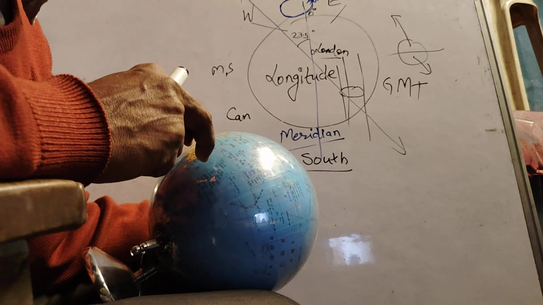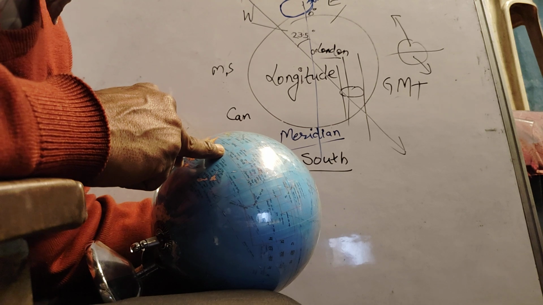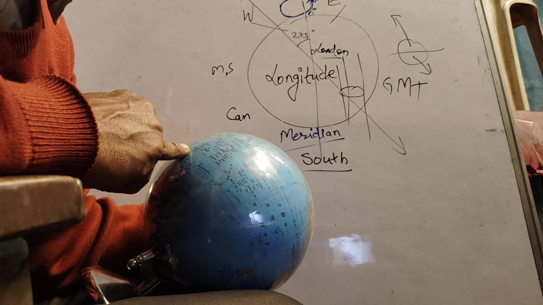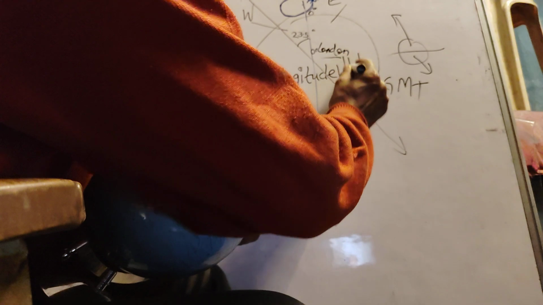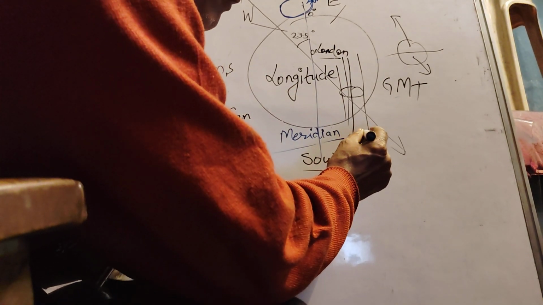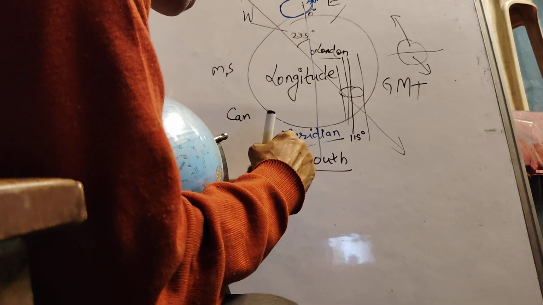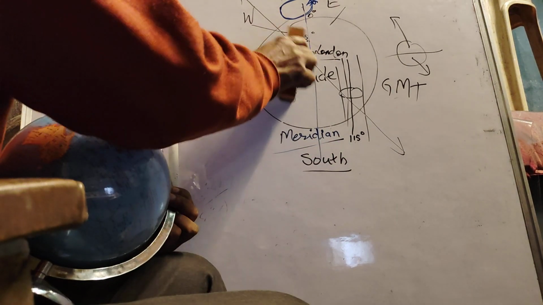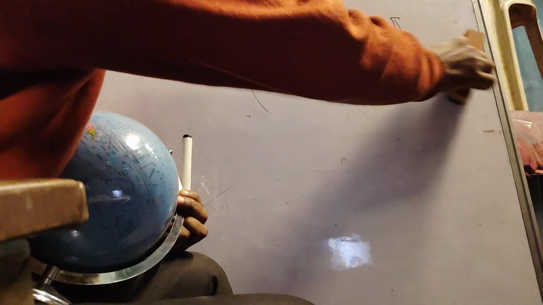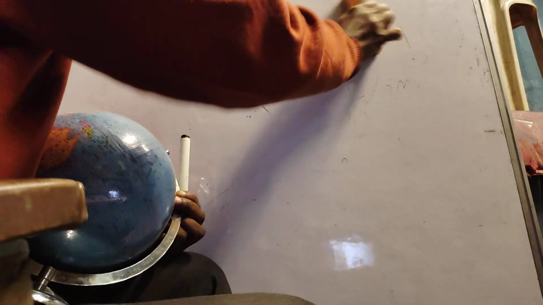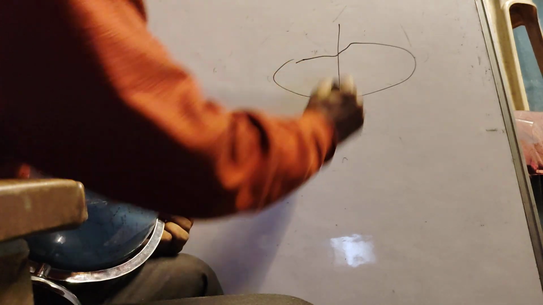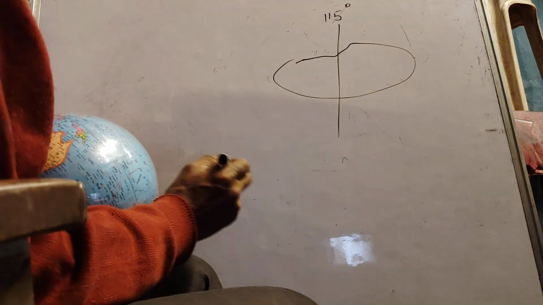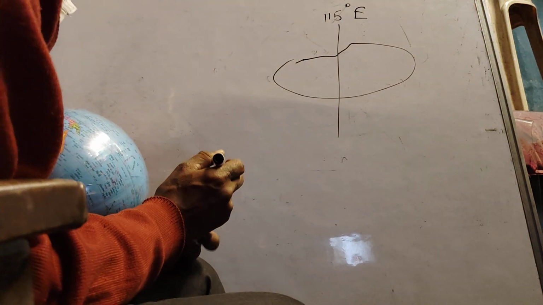Its degree is not given on this globe, but I think it is 115 degrees. The Australian timeline passes at 115 degrees on the eastern side. E means eastern side.